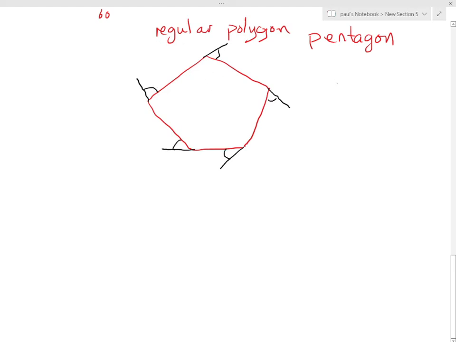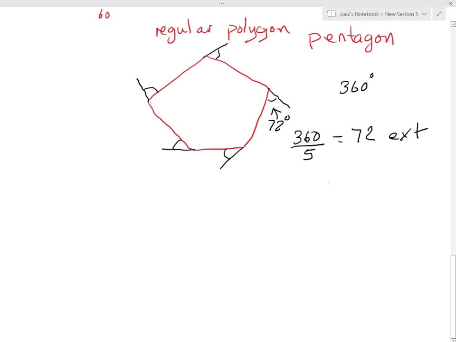Now, we've had to go around 360 degrees to get those 5 angles all the way around. So if we want to find out one of these, it will be 360 divided by 5, which is 72. So there's 72 degrees for the external angle.